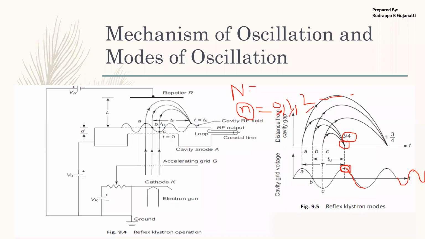But when we deal with capital N, it is indicated as n plus 3 by 4. So if n is equal to 0, the first possible mode is 3 by 4. The next possible mode is 1 plus 3 by 4.